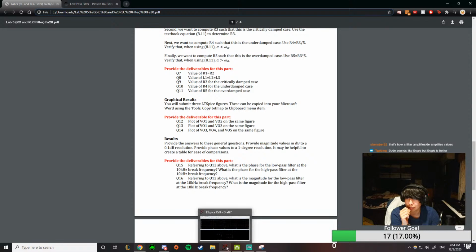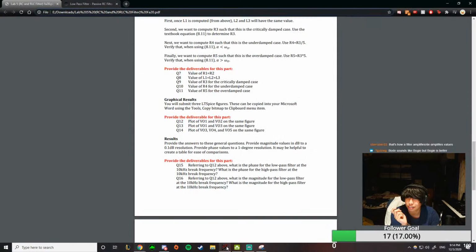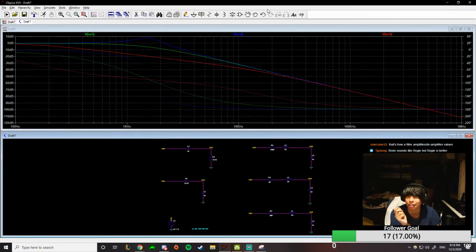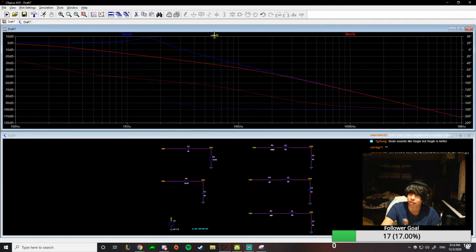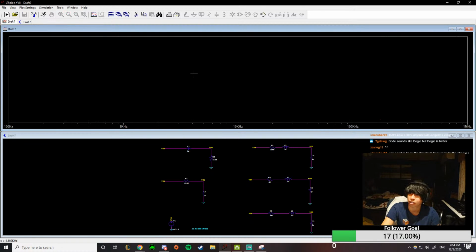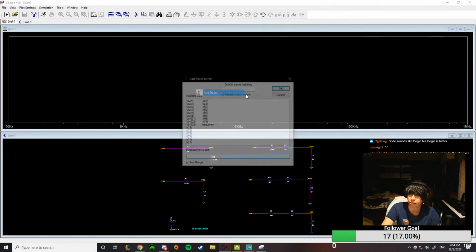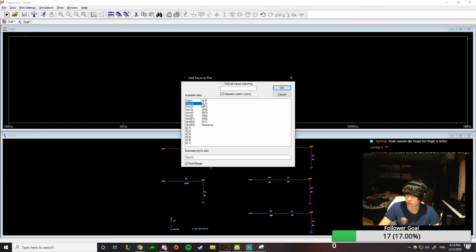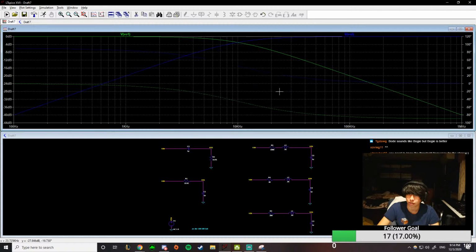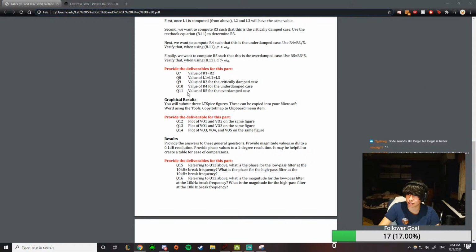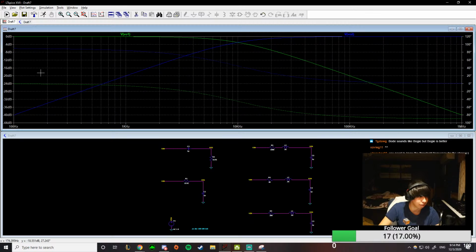Okay, so based on this, I'm gonna plot it again. Add traces. Okay, based on this, there are decibel values there.